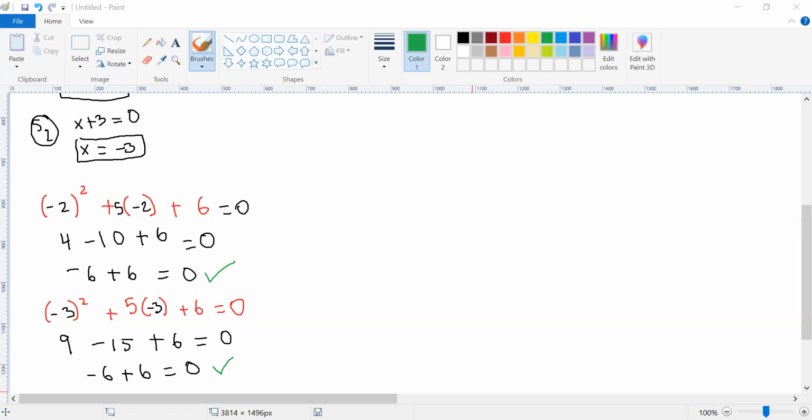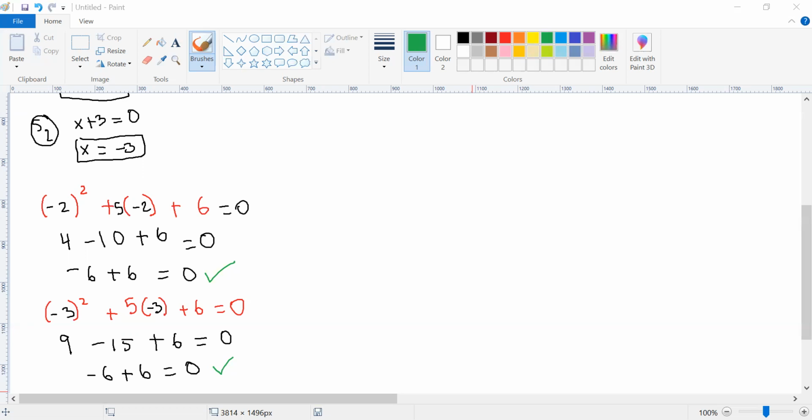On a Dell computer, you do that by clicking Shift and caret, or you just click Shift 6, and that will give you a superscript. I don't really know the shortcut for Mac, but I'll put it in the description below. And then plus 5x plus 6 is equal to 0.